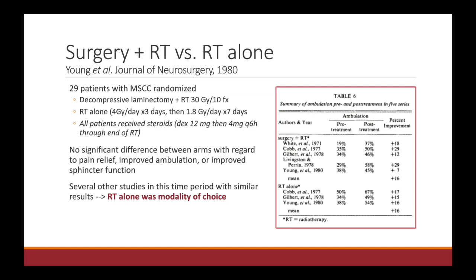There were several other studies published around this time period with similar results. And so in this era, the 1980s, radiation alone was really the modality of choice because we had evidence that adding a decompressive laminectomy really did not benefit these patients.